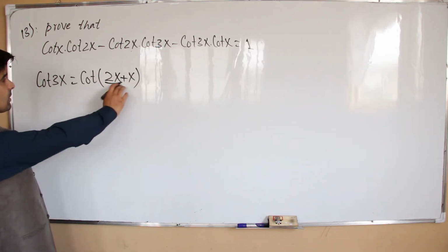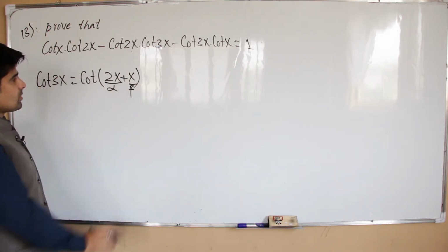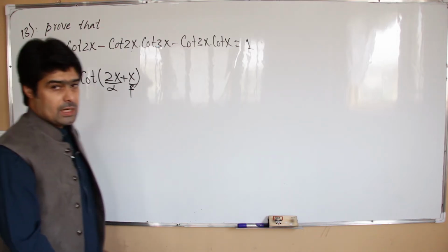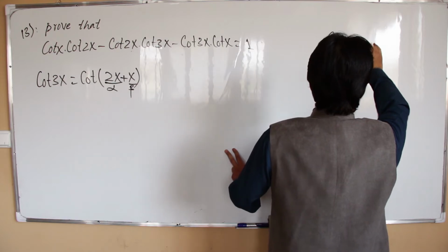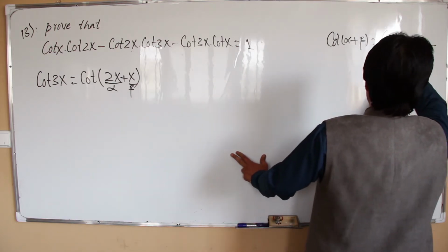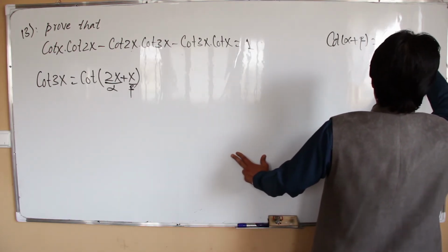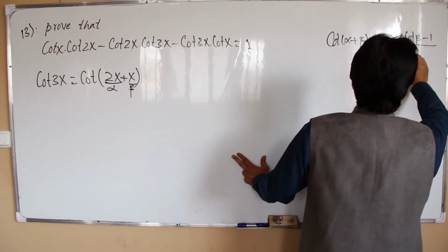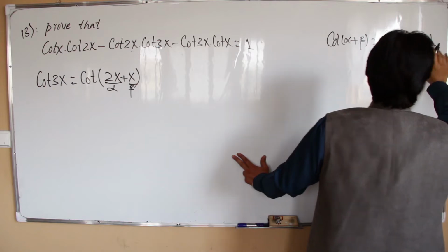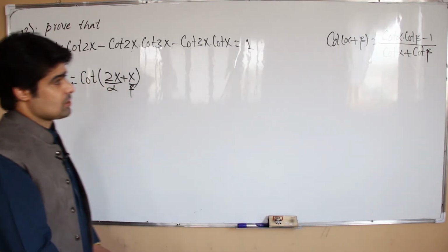Yes. If this one is alpha and this one is beta, what's the formula for cotangent of alpha plus beta? The formula for cotangent of alpha plus beta is cotangent alpha cotangent beta minus 1 divided by cotangent alpha plus cotangent of beta. We have proved this one in the previous lecture.